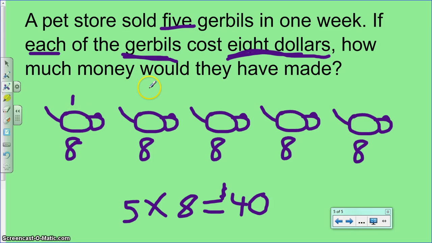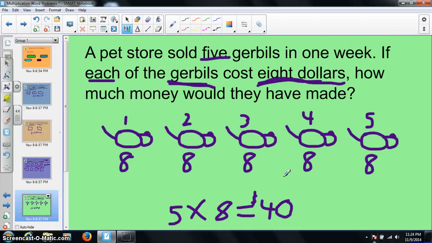So you can see my 5 gerbils, and each one was $8. So I have equal groups of $8. That's what I'm trying to find in these word problems, what equal groups I have that I can multiply. We'll go over this more in class again, just looking for those equal groups.